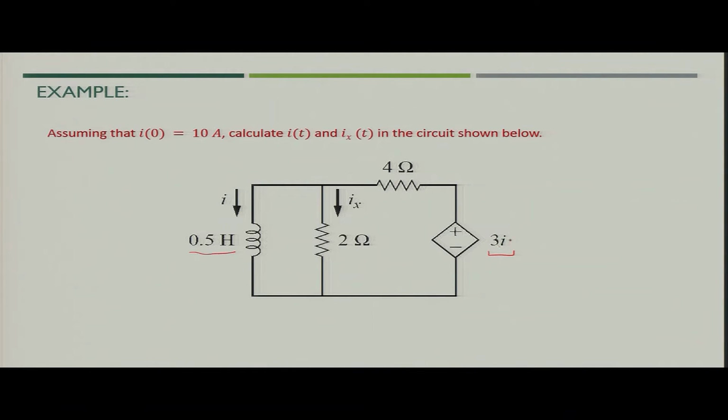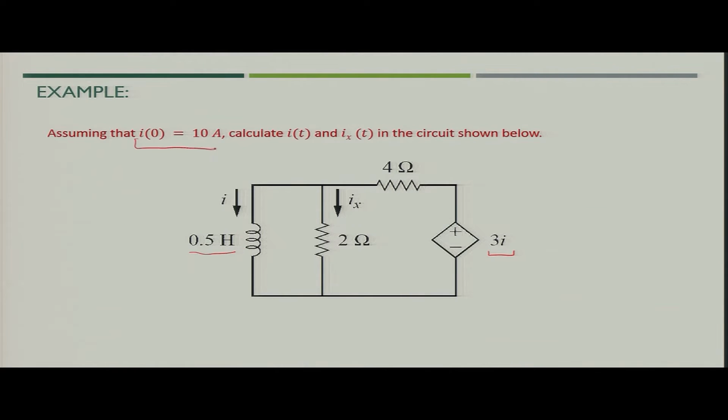The voltage source value given in the circuit is 3I, where the current component depends upon the current flowing through the inductor.